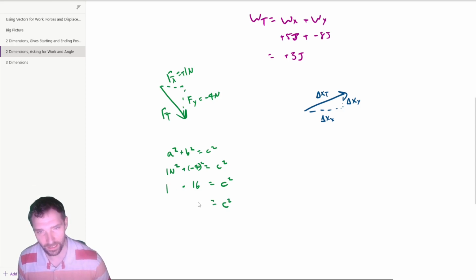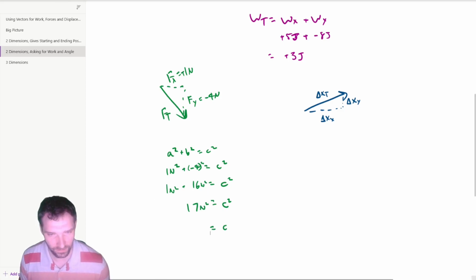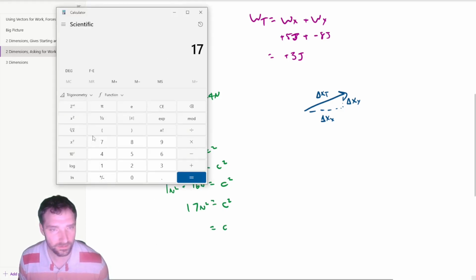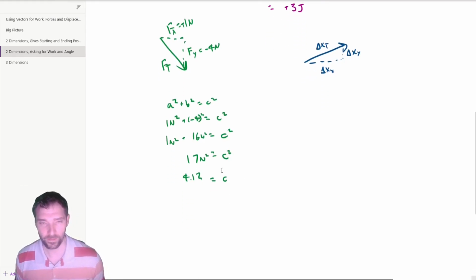So we get 17 square newtons. If you were to think about the units on that, that's kind of what I would say for that. And then c by itself is just the square root of 17, which is 4.12. Okay, so we have some sort of f total there.